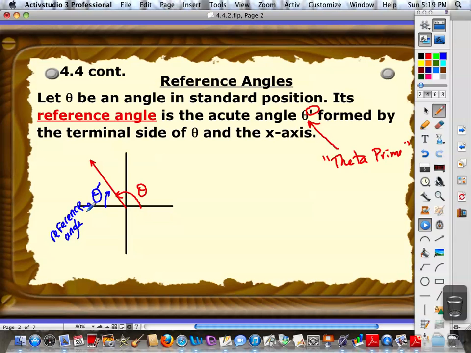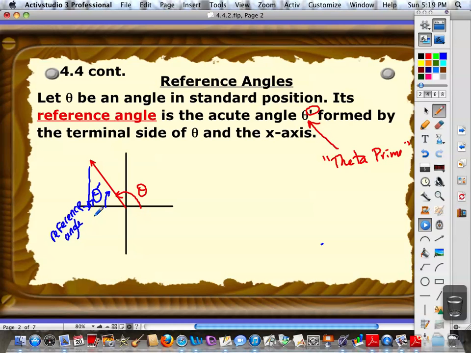And the reason we use a reference angle is to take some larger angle and relate it back to an angle in the first quadrant, or make a right triangle. Remember we've been drawing in right triangles? So we can find the values based off of that reference angle, and they're going to be the same values for the actual angle of theta.